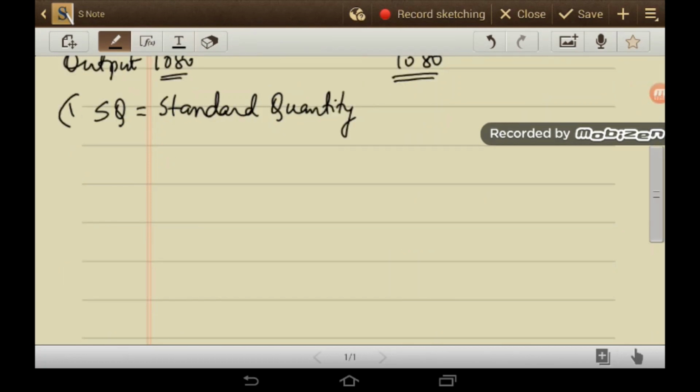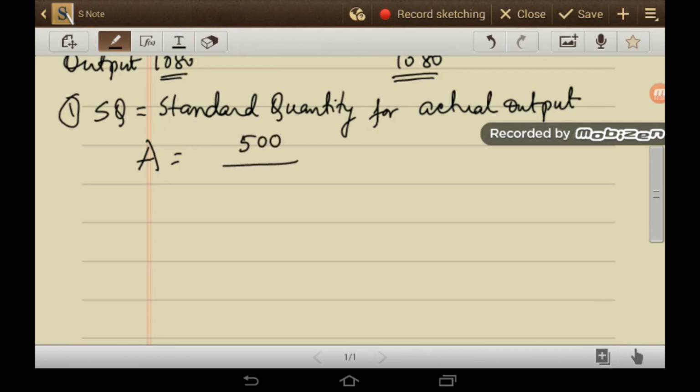Number 1 is the standard quantity for actual output. So for material A, what is the standard quantity which is given as input? This is 500 kg, and 1080 kg of output will be given, into the actual output. The actual output is also 1080.